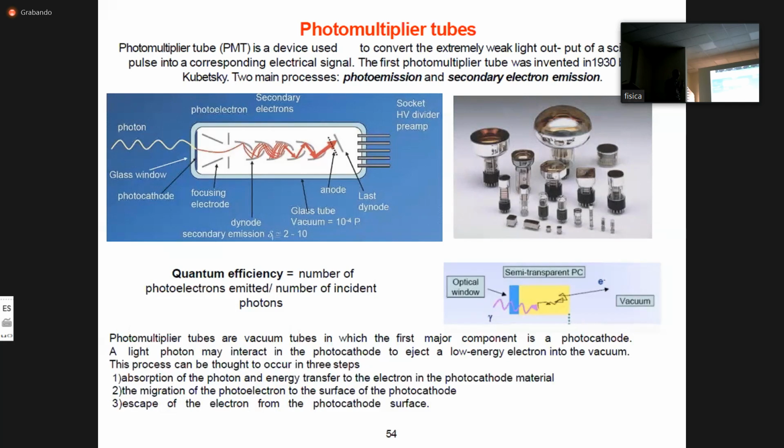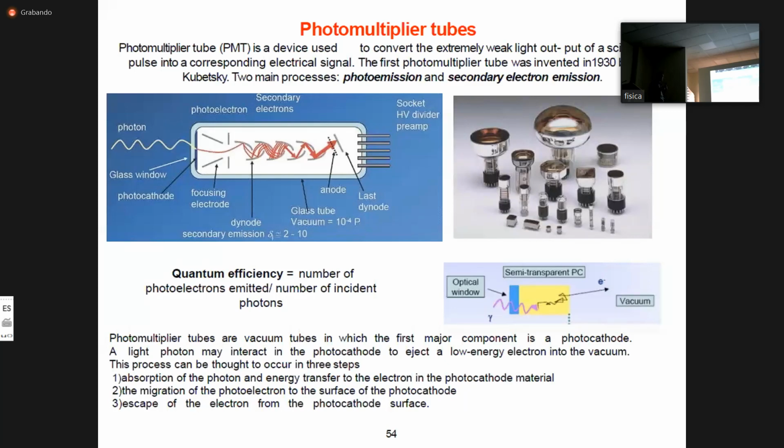That's very thin, and it has to be a very thin material, because if you make it too thick, it would be impossible for an electron to escape from the photocathode and go into this space. And what happens? That's a simple photoelectric process, which I think you know. A photon is converted into an electron, and this electron starts moving inside this vacuum tube.